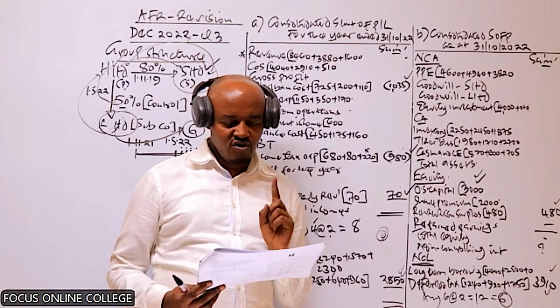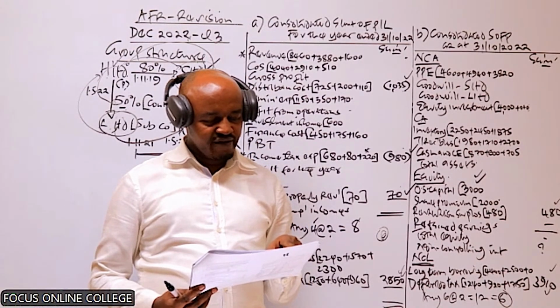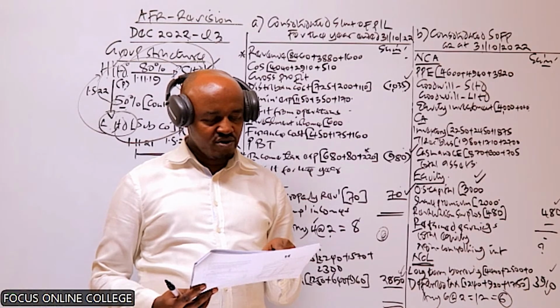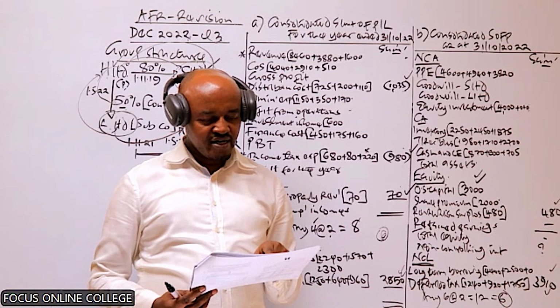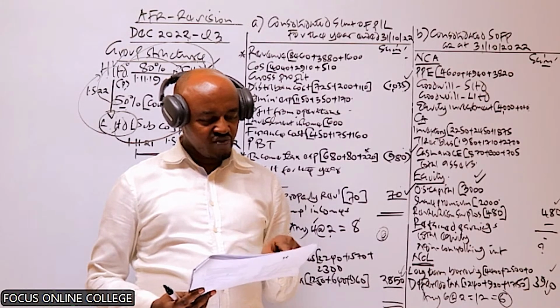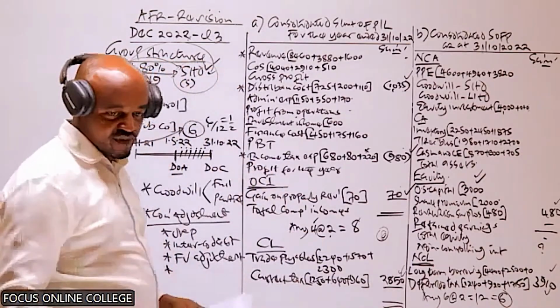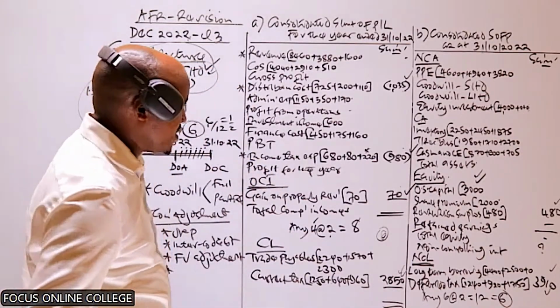And then you're told the excess of the fair value over the carrying amount was due to an unrecognized brand, whose remaining economic useful life at the date of acquisition was 5 years. So in that case, we need to compute the value for that unrecognized brand.